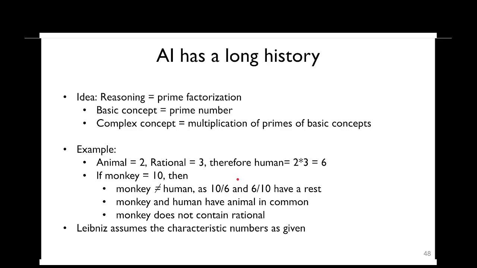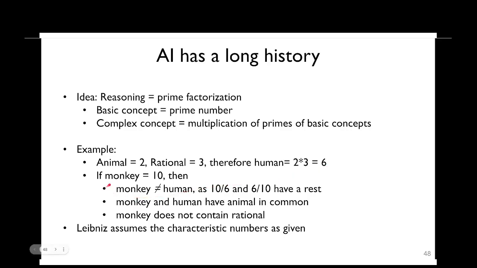Let's take a look at a quick example that he introduces at the time. He says, for example, let's assume that animal is a basic concept with a prime number 2, and being rational is a basic concept with a prime number 3. Then a human, which can be defined as a rational animal, would correspond to 2 times 3 equals 6.